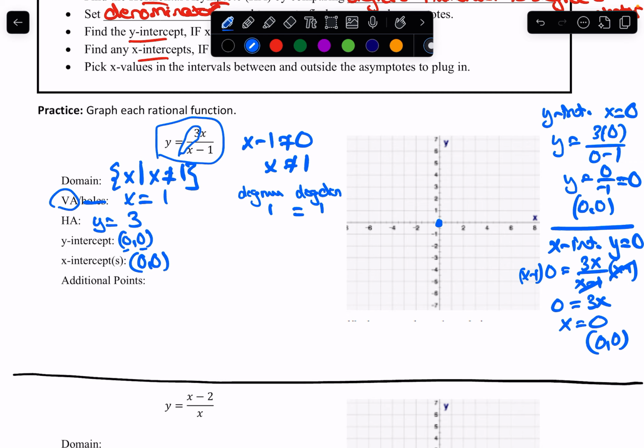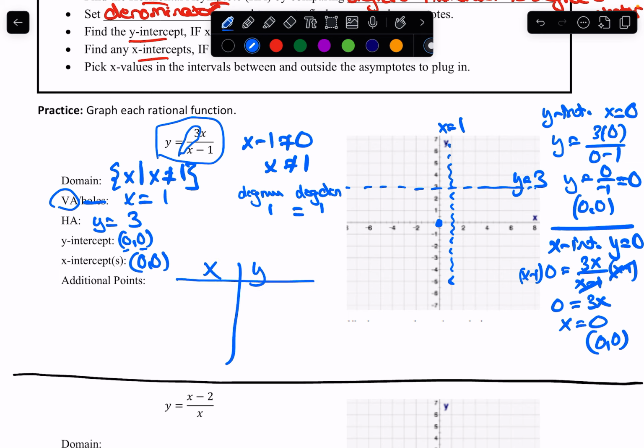Then we're going to graph our asymptotes. x equals 1 is going to be right here, and y equals 3 is going to be right here. Okay, we need a couple of points here before we are able to graph this.